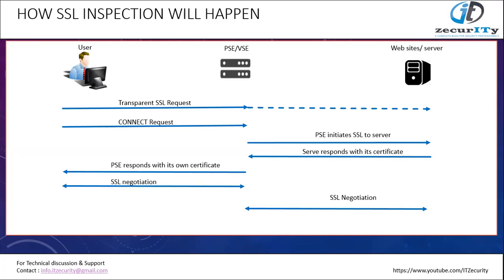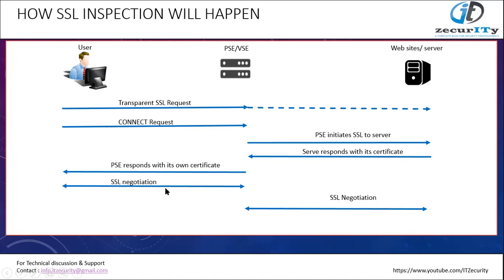The PSC will talk to the actual SSL-enabled server, and the server will respond with its own certificate. Then the PSC will generate another request and response towards the user with its own certificate.